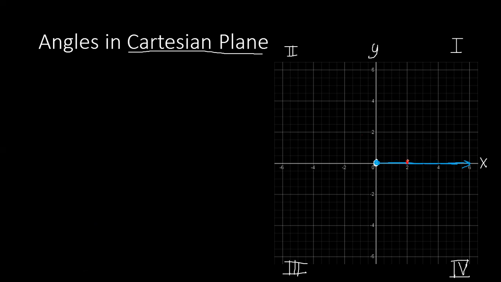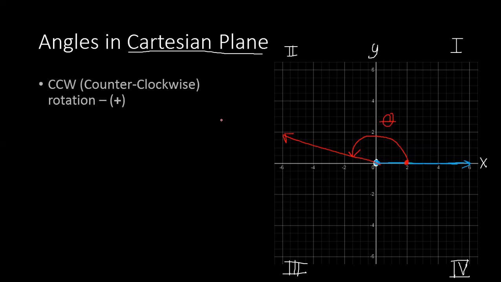For example, I will start from here, which is the initial side, then I will go from here. No matter how far they are, as long as it rotates outward, the angle formed here is positive. Counterclockwise rotation will give you a positive angle.